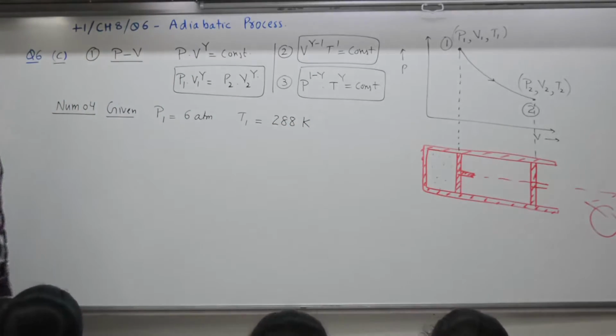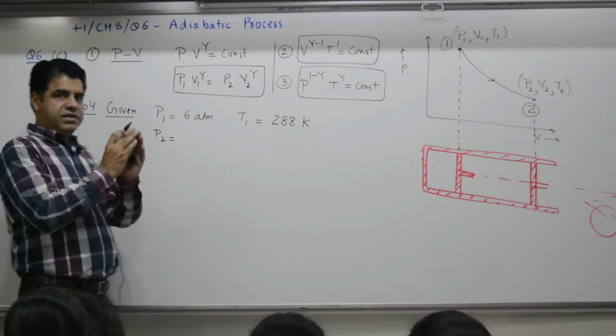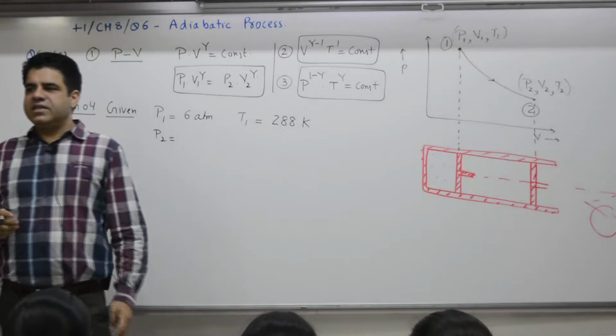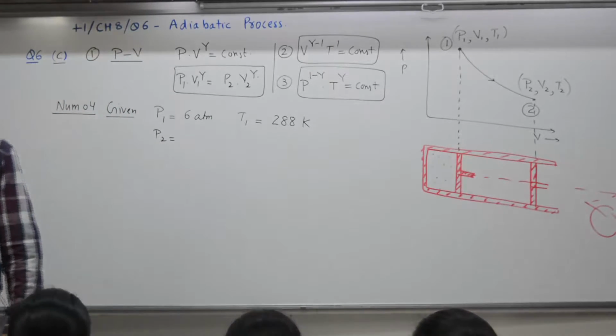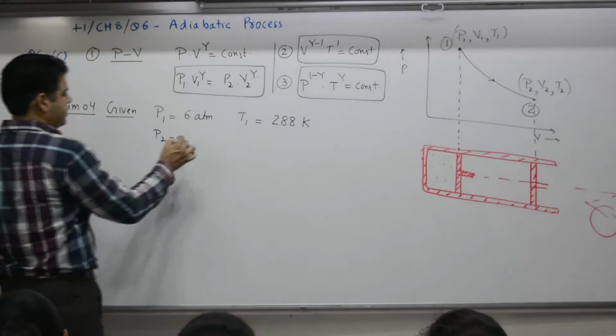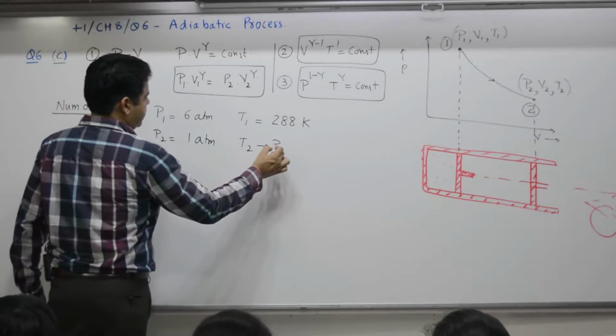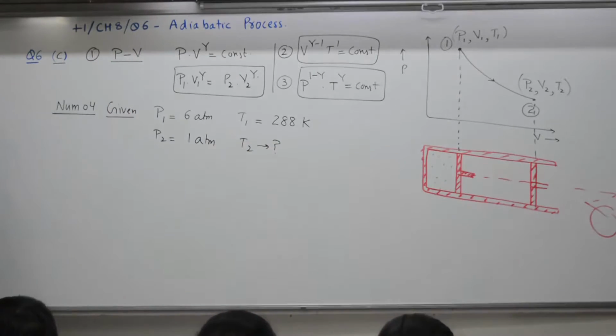Fine. P2, when the tire burst takes place, it is at 1 atmosphere. Once the air is out, it is at 1 atmosphere. Find T2.